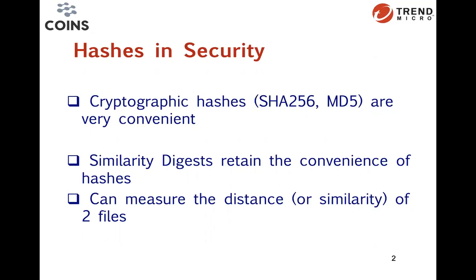Similarity digests retain much of this convenience, but there's a key difference. With cryptographic hashes, if you change a single byte in the underlying file, the hash will completely change, whereas with similarity digests, only a small number of the bytes of the hash change, and hence you can measure the distance or similarity of two files or other elements that you might consider processing.